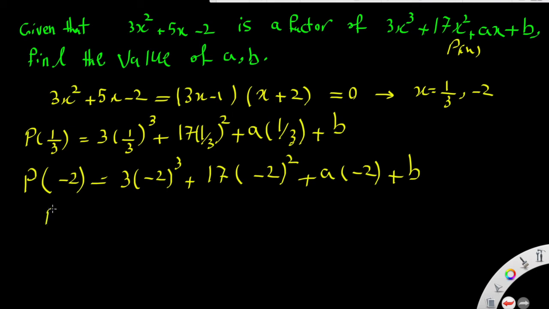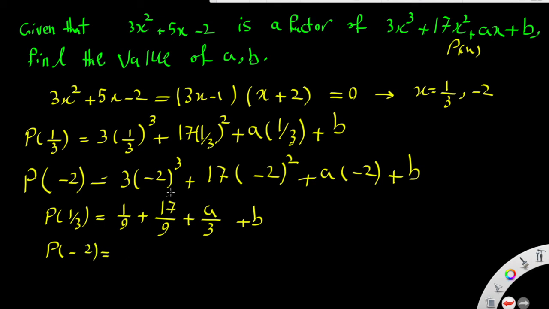It will become p of 1 over 3 is equal to 1 over 9 plus 17 over 9 plus a over 3 plus b, then p of negative 2 will be minus 24 plus 68 minus 2a plus b.